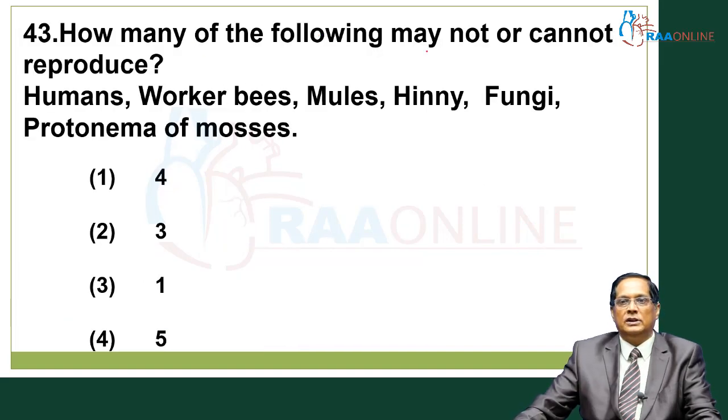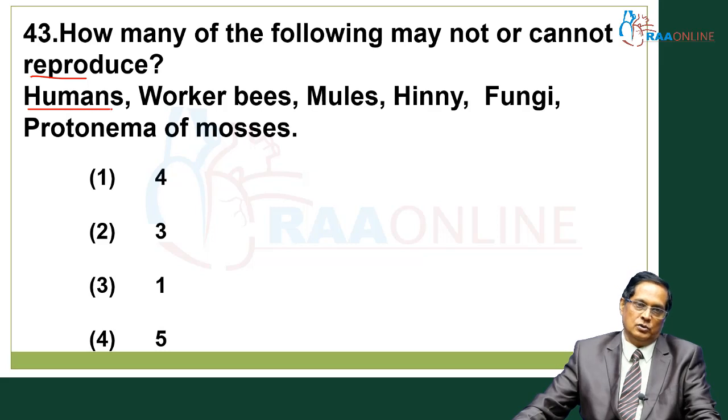How many of the following cannot reproduce? Human being, no, it can reproduce, though some are not able to, so we can't keep it in that list. But the worker bee cannot reproduce.